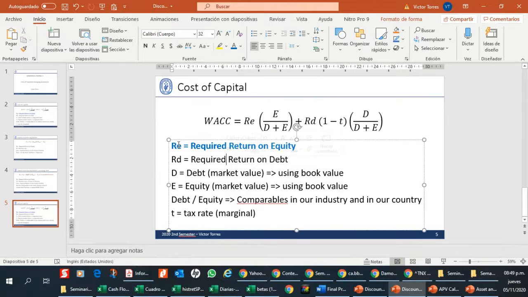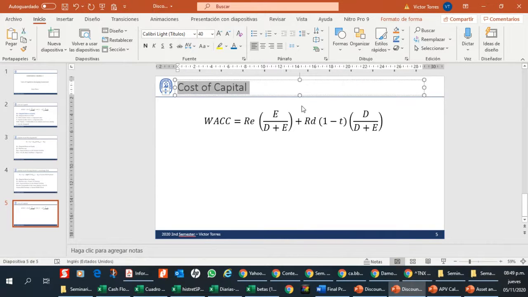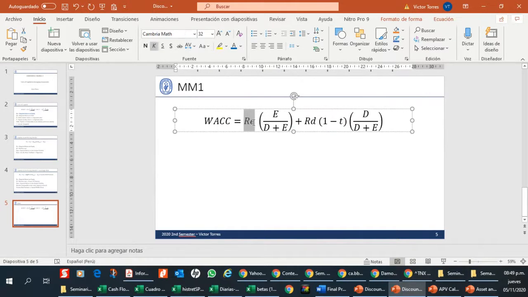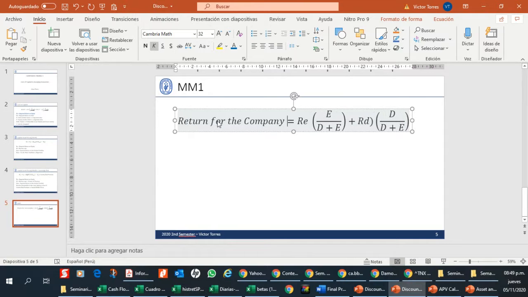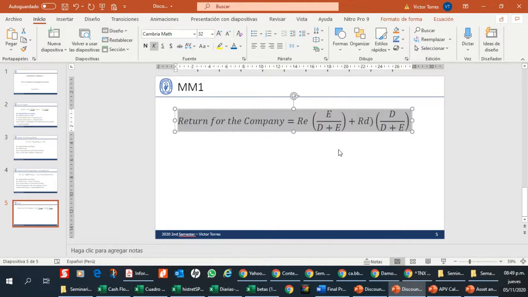Remember, I told you that when we are going to be talking about betas, if you want to talk about Modigliani and Miller 1, you do remember that it doesn't matter, if there are no taxes, this is going to be the expected return for the company. You were capable of thinking that we can come up with the same idea as weighted average betas.